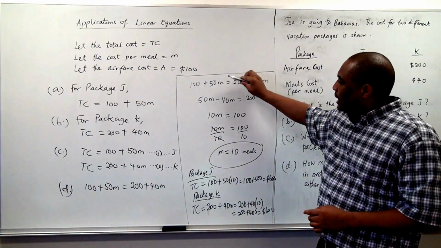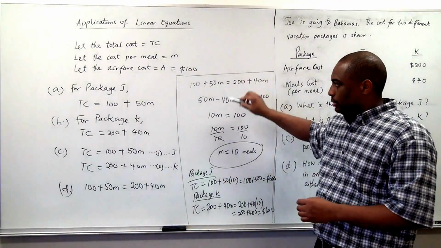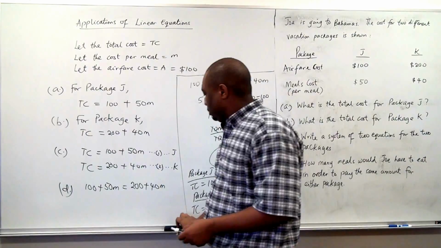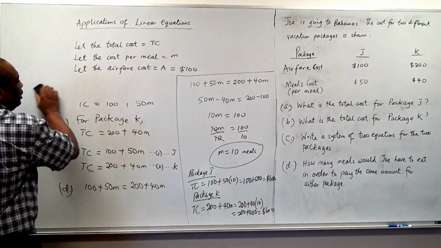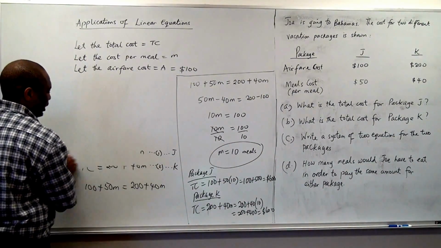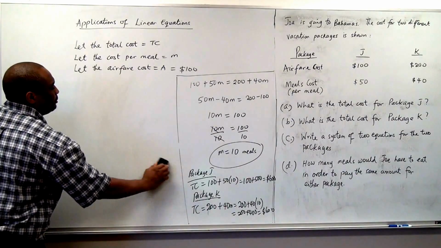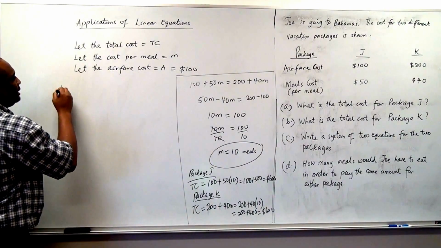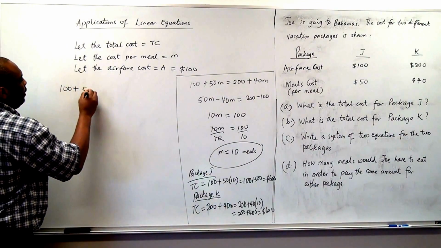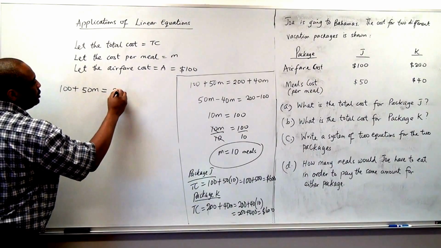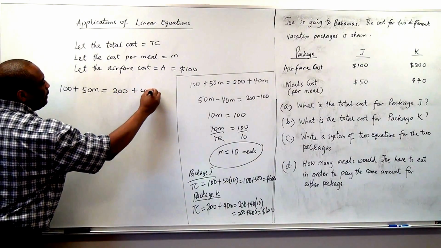Now, if you don't understand the way I did this, then you may understand it this way. Some teachers use this way, and it is still correct. 100 plus 50m equal to 200 plus 40m.